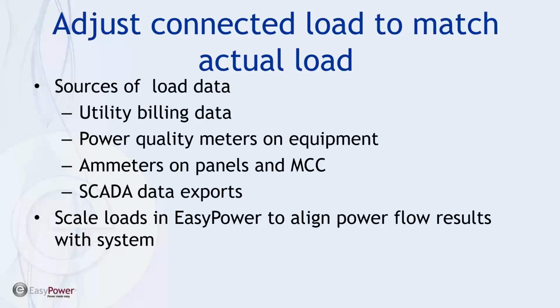EasyPower allows us to scale loads to align with the results that we've indicated, and then modify our one line to, if you will, take up the slack. If there are loads that aren't being recognized by our one line, we'd have to make sure they were included, because there could be loads that we didn't include because they're not short circuit contributors during a fault.